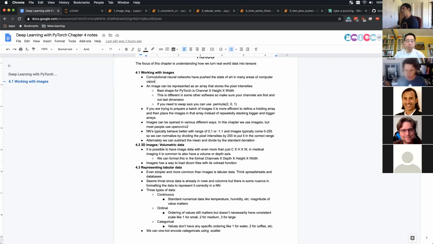So for example, if you just divide by 255, you are always going to divide by 255. And if you are subtracting the mean and dividing by the standard deviation, you compute the mean and the standard deviation for the entire training set, for example, and then you just apply that mean and standard deviation on all images in the future. So if you're applying it to unseen images, you don't change that at any point.